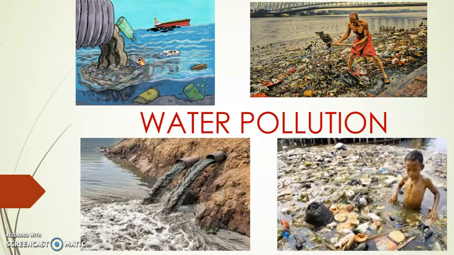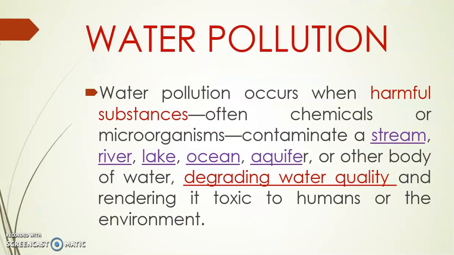So you can see the pictures. With this picture you will have some idea of water pollution, how it affects and how it is happening. Water pollution is very harmful, as you all know that without water we can't live.